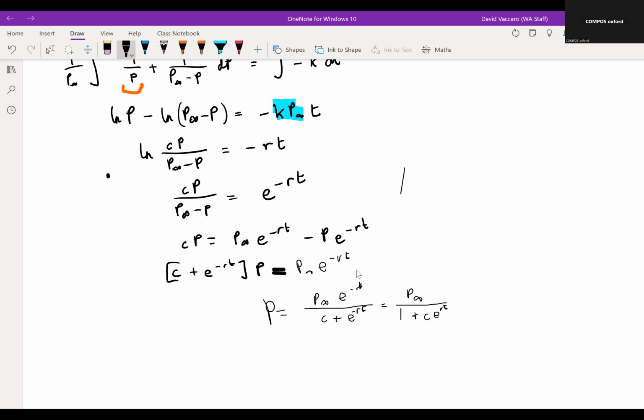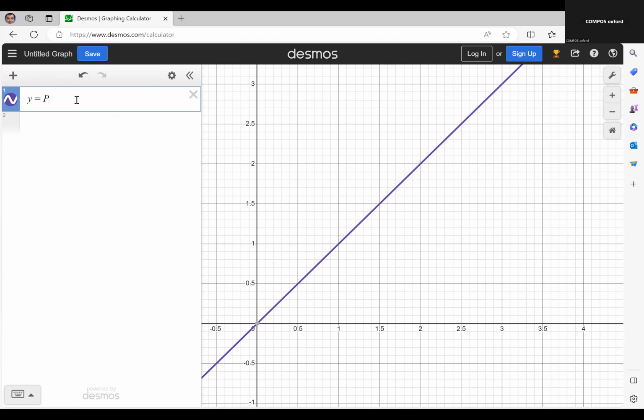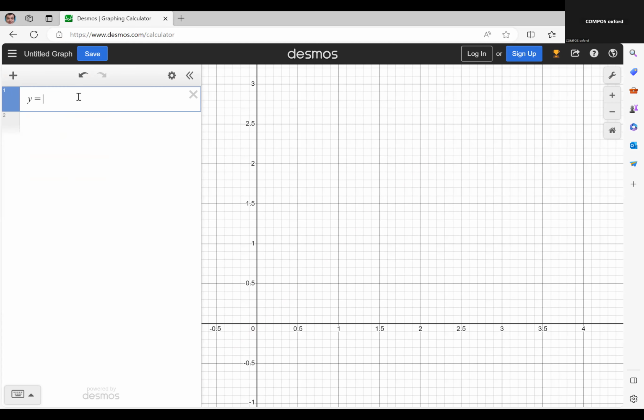And again, the best way to understand this function is to put it into Desmos or some graphing package and to convince ourselves that it's got the right dynamics. So we had something like y equals P infinity, which I'll call the letter P, over 1 plus e to the RT.